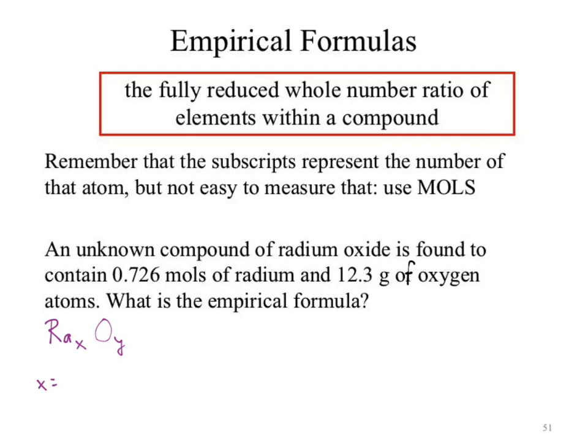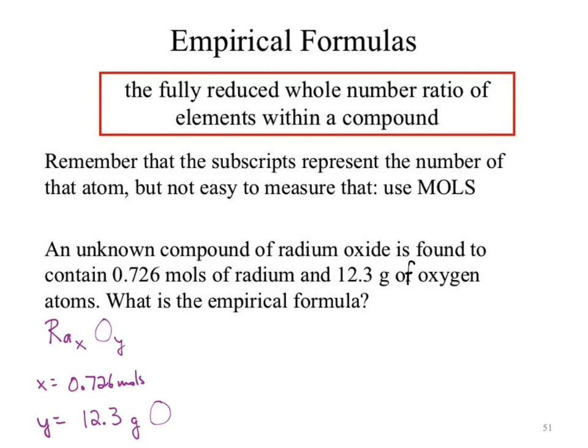So radium, x is 0.726 moles. Perfect. What was y? 12.3 grams of oxygen atoms, so our symbol is O.